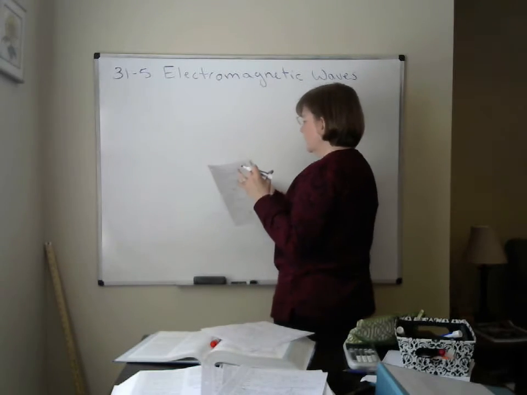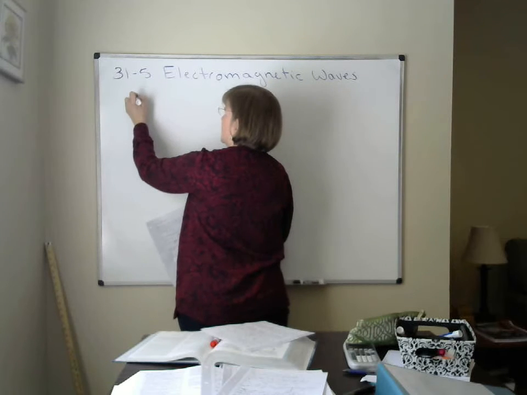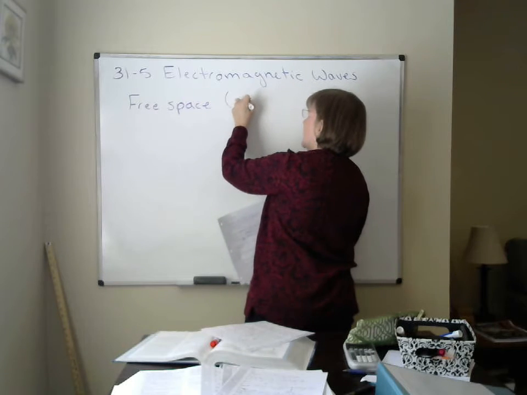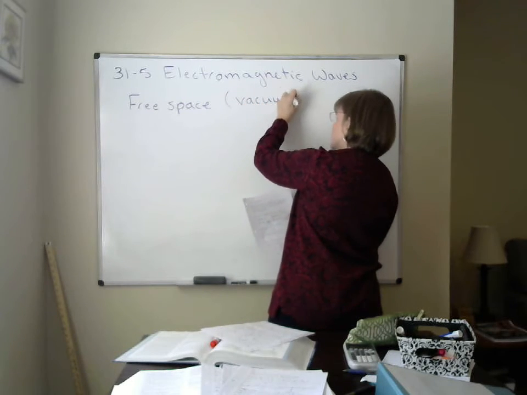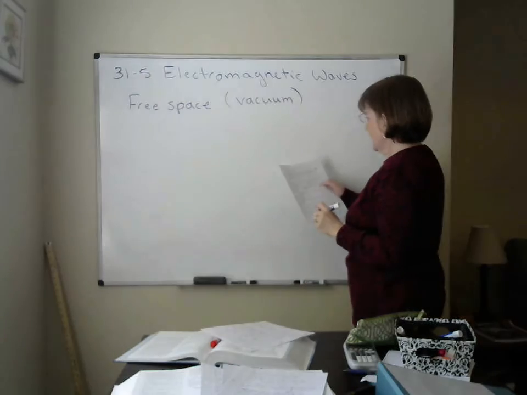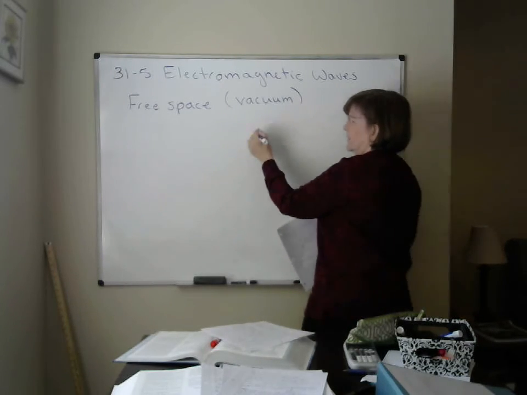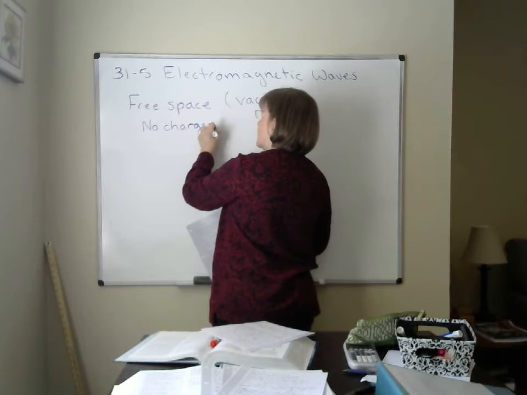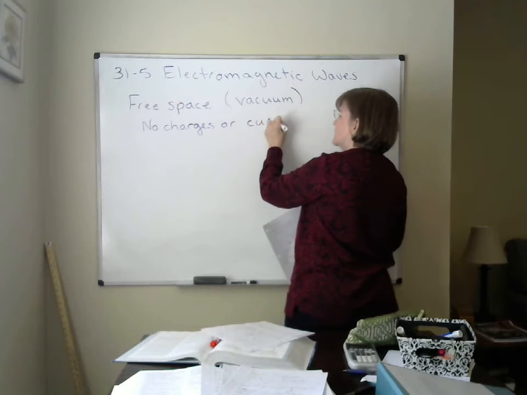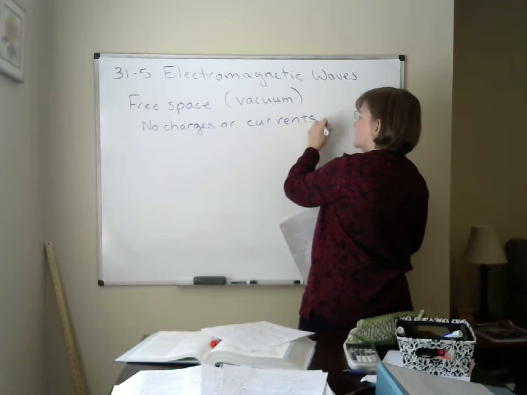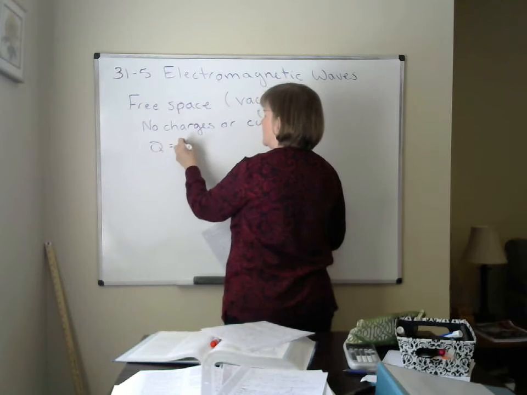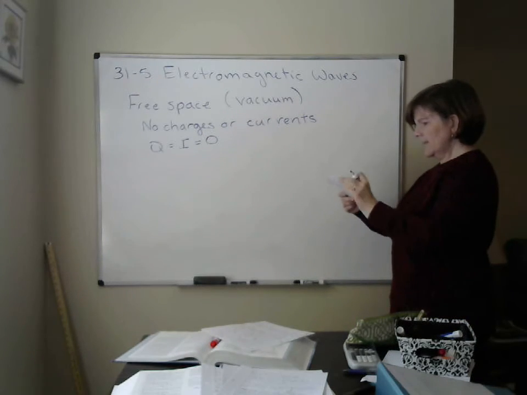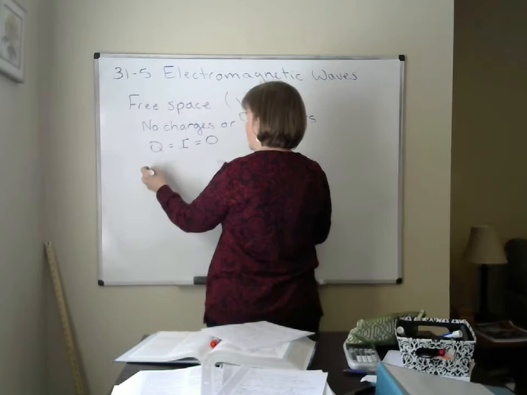If I think about a region of free space, which is sort of a physics phrase for I'm out there in a vacuum somewhere, in this location there are no charges or currents. What's that mean? That means Q is equal to I is equal to 0. Those things do not exist. So if I'm out in free space somewhere, Maxwell's equations get real simple.